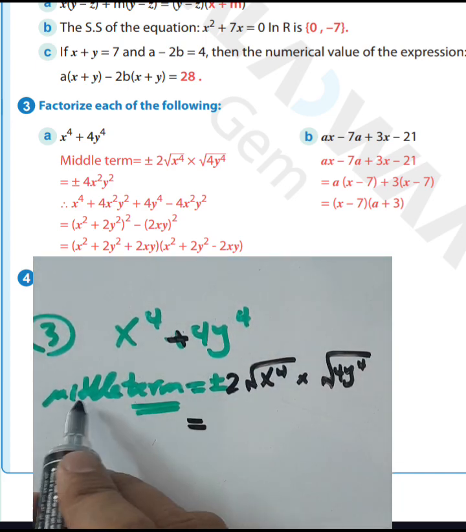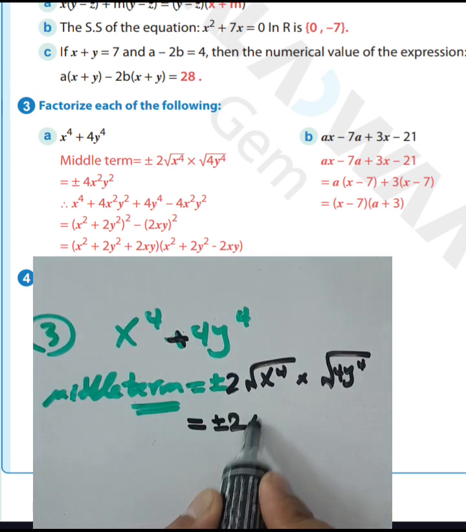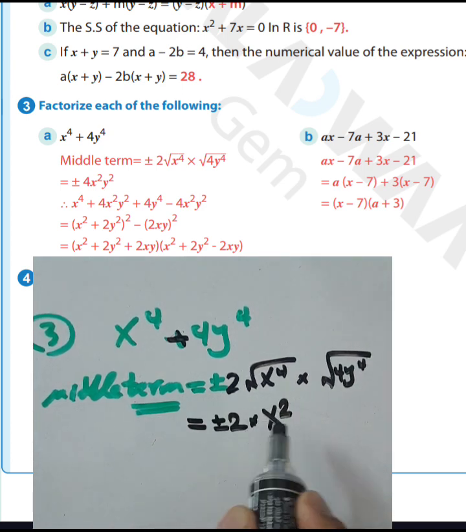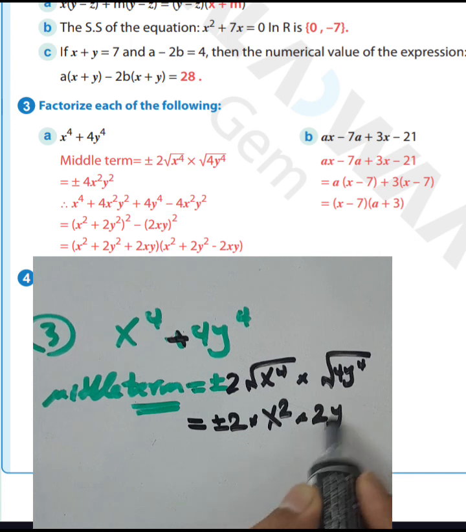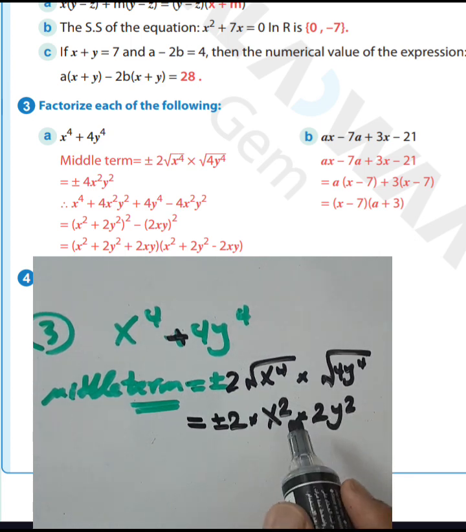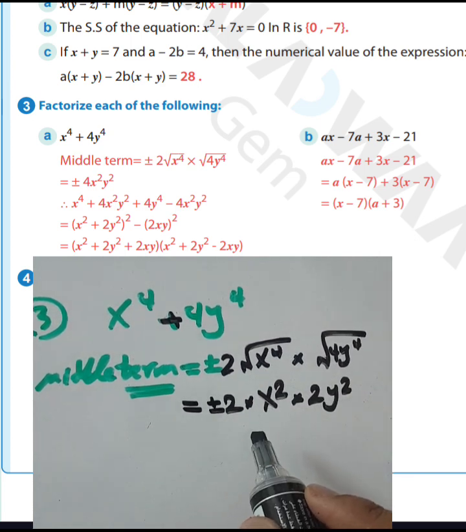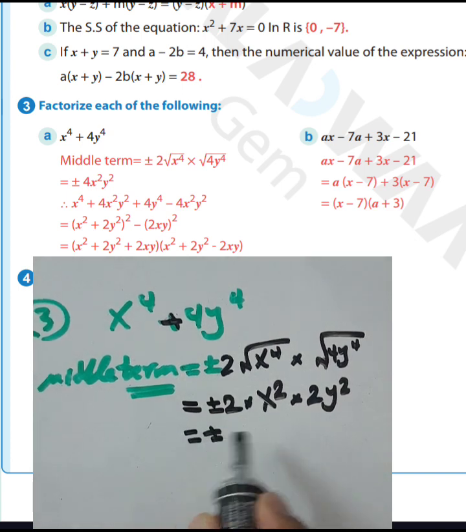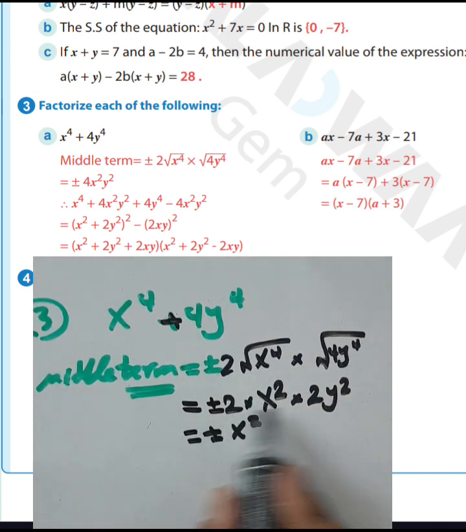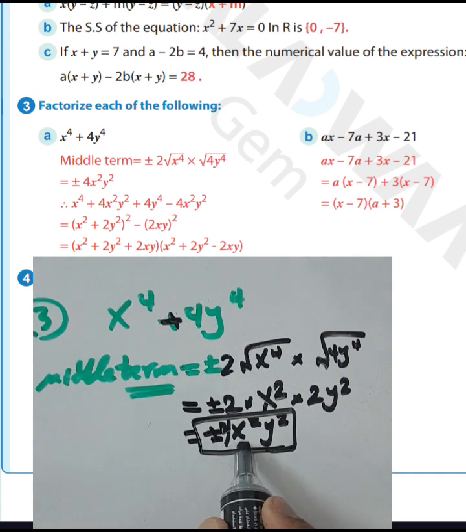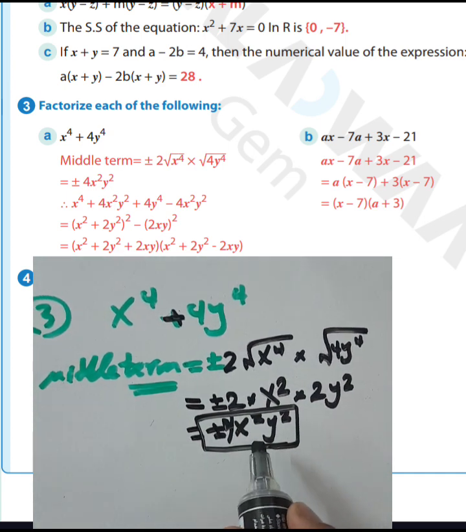Then the middle term will be positive or negative 2, product by x power 2, product by 2y power 2, the square root of this expression. Then the result will be positive or negative x power 2, and 2 times 2 will be 4. Write x power 2 y power 2. Then the middle term will be positive or negative 4x power 2 y power 2.